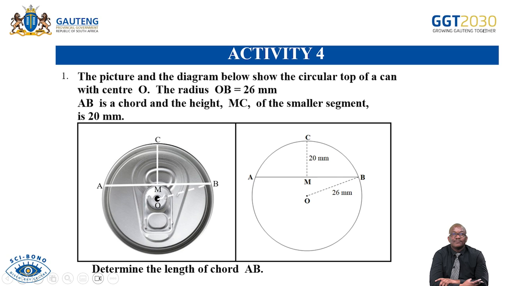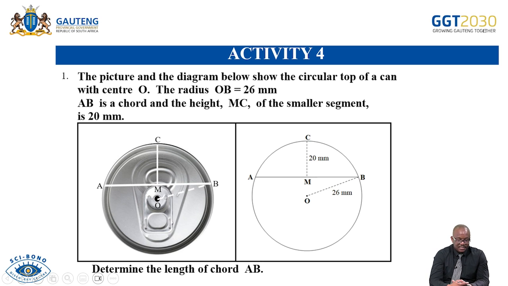Number 1, they're saying the picture and the diagram below show the circular top of a can, correct, with center O, as is illustrated there. Then the radius OB is equal to 26 millimeters, correct? And AB is a chord, and the height MC of the smaller segment is 20 millimeters.